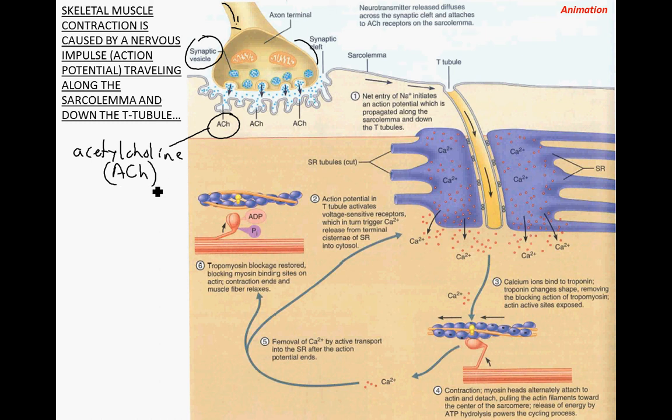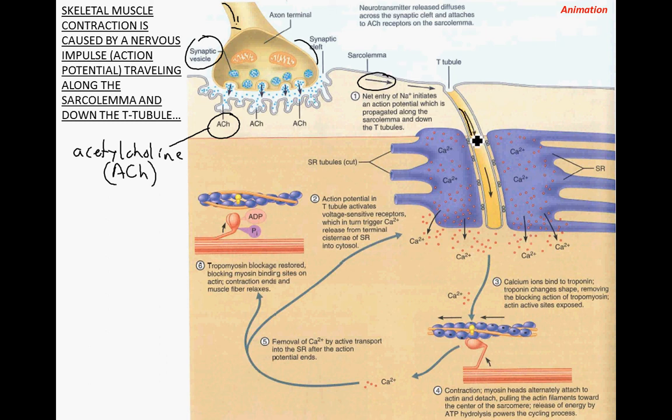So this is acetylcholine. That is the name of the neurotransmitter. Acetylcholine diffuses across the gap and binds with receptors that then open sodium channels, and you then get an action potential generated on the sarcolemma. That action potential will be propagated down the sarcolemma in much the same fashion that it gets propagated down an axon.